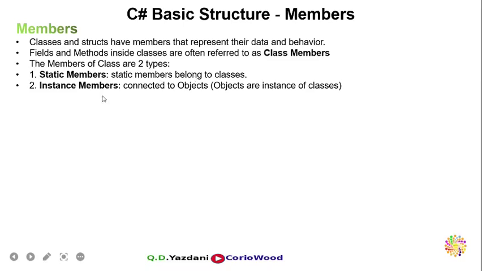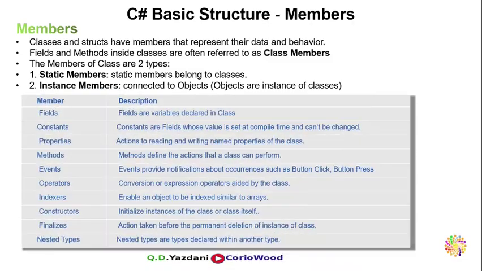So now I have the full list of all class members. In this list, we're going to see the member on the left and, on the right, a very brief description. The first class member we're going to see is fields. Think of fields like variables. Fields are variables declared inside the class.